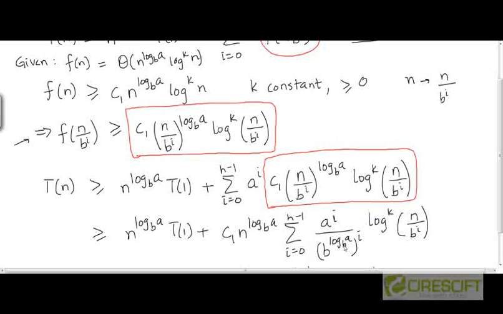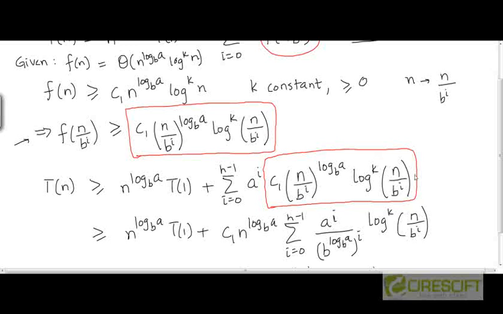And here I've actually interchanged the powers, because just as we did in the previous proof, we'll do it here so that b and log base b cancel each other out, and we'll be left with a to the power I here, which will cancel out with the a to the power I in the numerator.